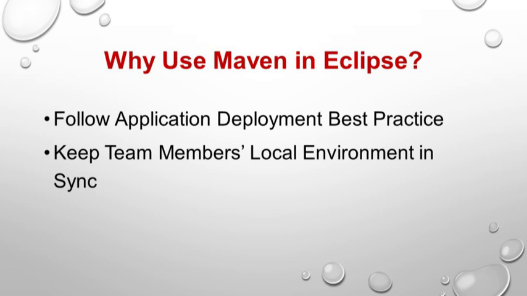So with a Maven file, all you need to do is check it into a source code repository, like Git, like the Subversion server, or even the old CVS, and then the other developers all need to do is pull down the POM file. Since they are developing the application as a Maven project within Eclipse, they can synchronize their local environment with the POM file that they just pulled down, and then Maven will pull down all the dependencies with the correct version. So at a certain point, each developer's local machine will be exactly the same.